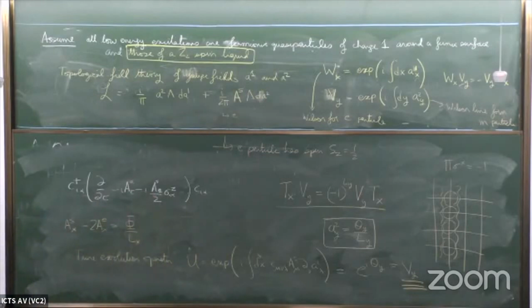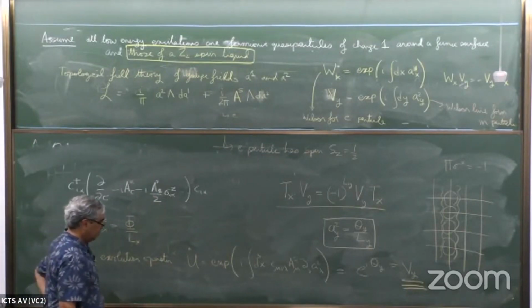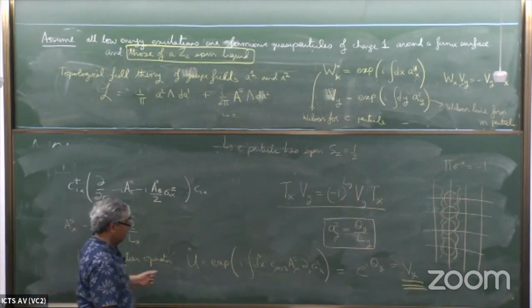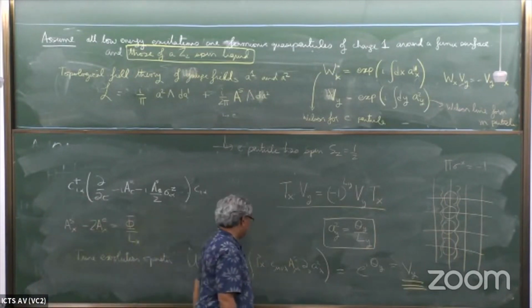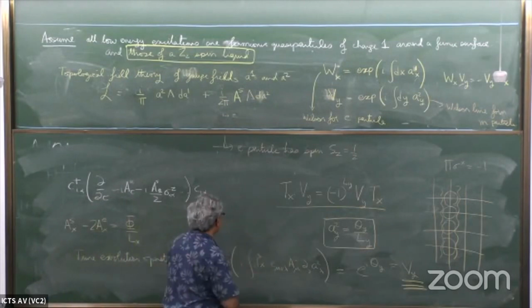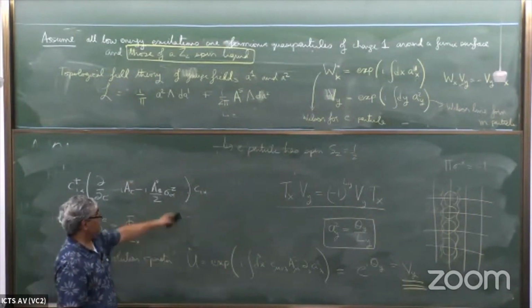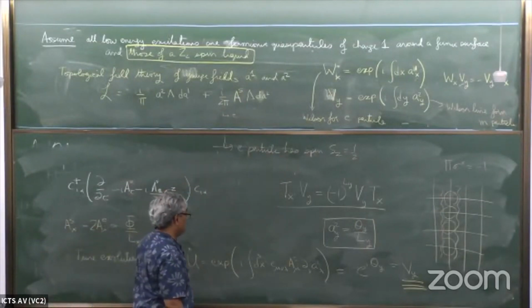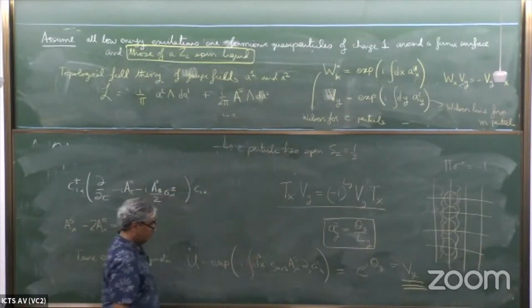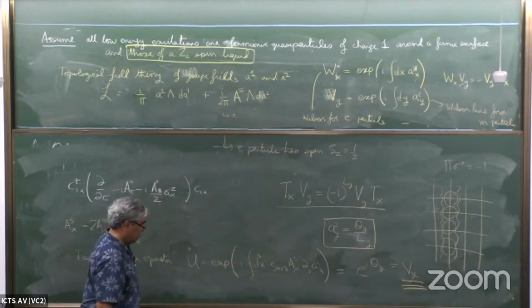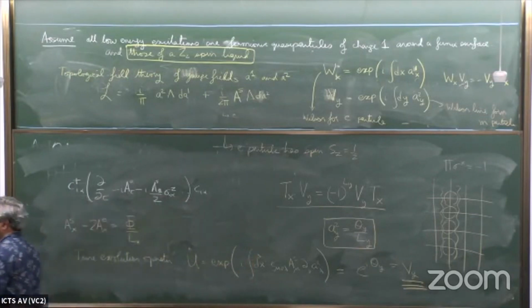Sorry, this U, you say it's the time evolution operator, is it a function of time? No, so I'm doing this flux insertion adiabatically, and I'm just evaluating the time evolution operator for that process.